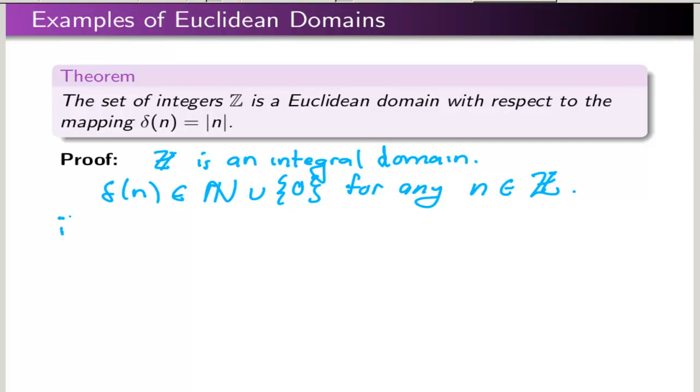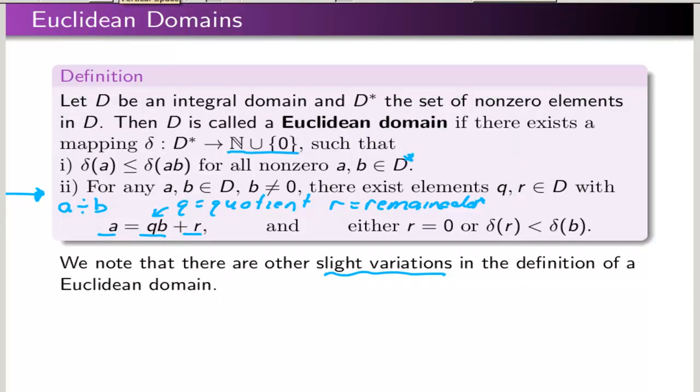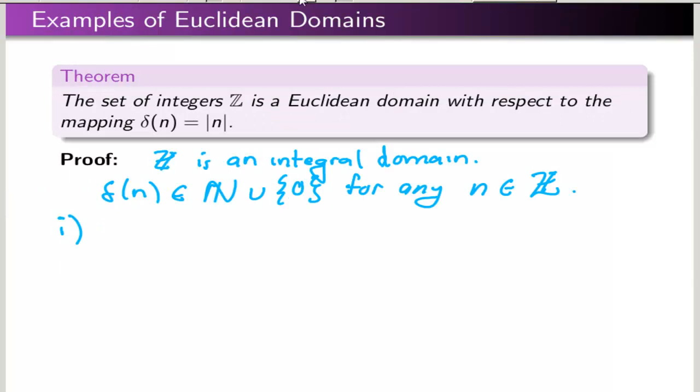So property 1, let's go back and look at that and use the same notation. So I'm starting with two non-zero elements, and I want to show that delta of A is less than or equal to delta of A times B. So let's let A, B be integers that are not zero, so elements of Z star.